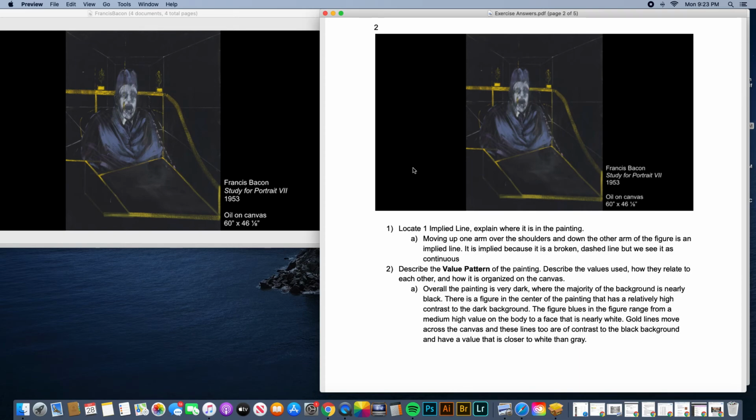In my description, I described levels of black to white, but I indicated the value of blue. I did not talk about how bright the blue is, how saturated it is. I talked specifically about how much black or white is in the blue, how much black or white is in the face. That is value, and that is value pattern.